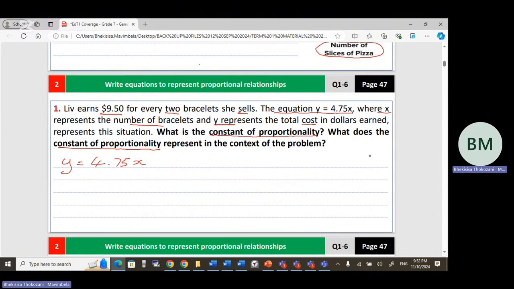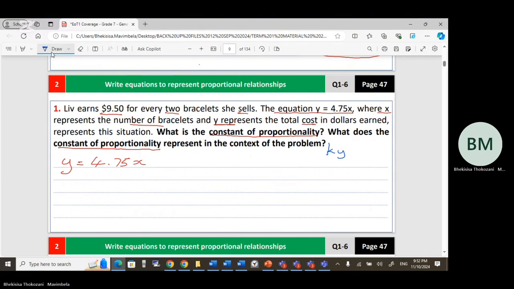On your equation, remember we spoke about k before. K is your constant of proportionality. So it's written like this: k is equal to y over x.